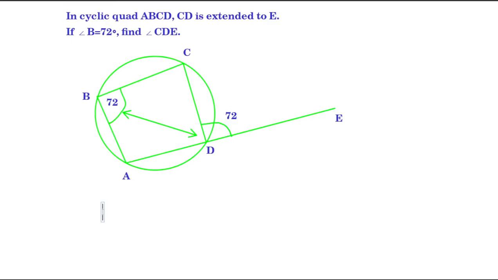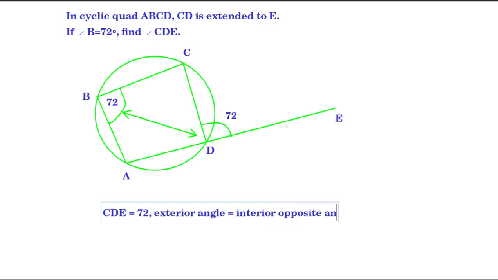So angle CDE is equal to 72 degrees. Now what's the reason for that? Exterior angle is equal to the interior opposite angle. Just like that, we are done.